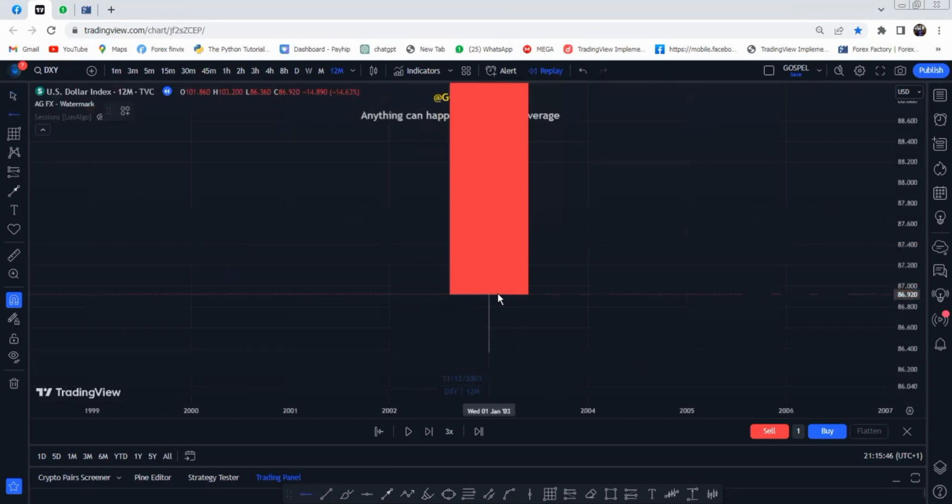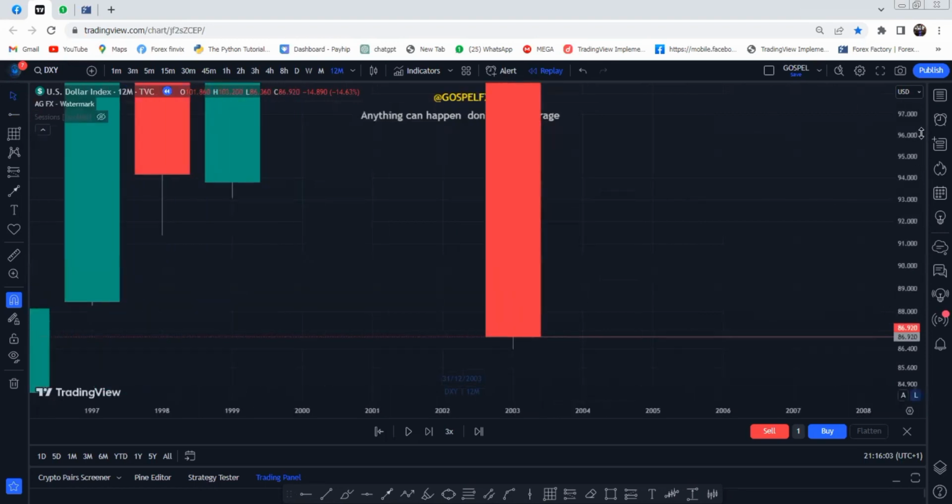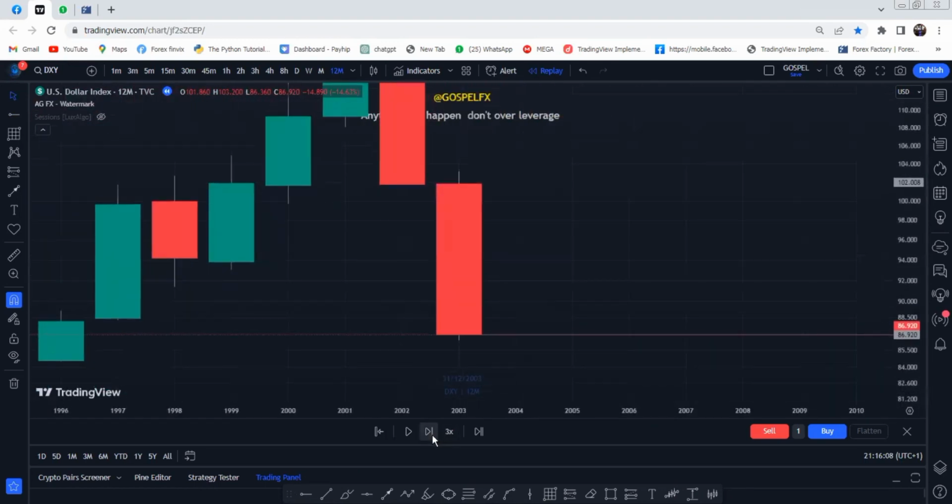Now if this candle closes at this point, the next candle should open around there. If the close of this bearish candle is here, the next candle should open at the same price where the other candle closed. Let's play that out and we'll see.